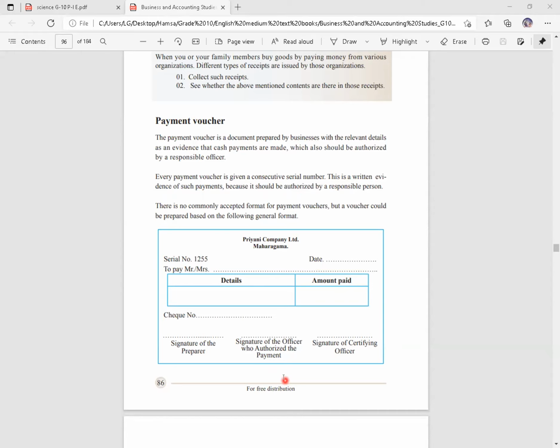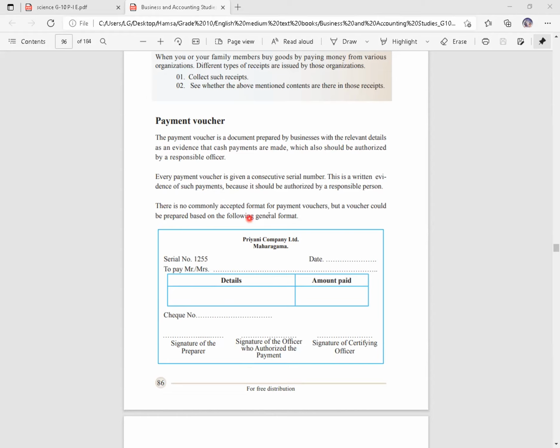After authorizing only you can make the payment. The authorized person should put his signature here, then only it is approved. Otherwise you can't make this payment, right?